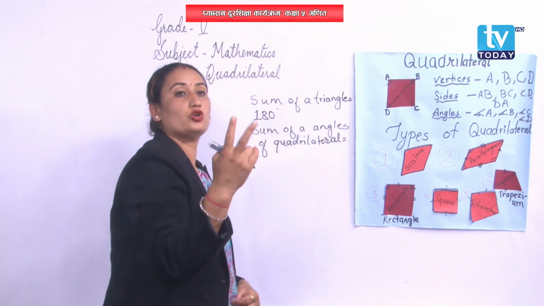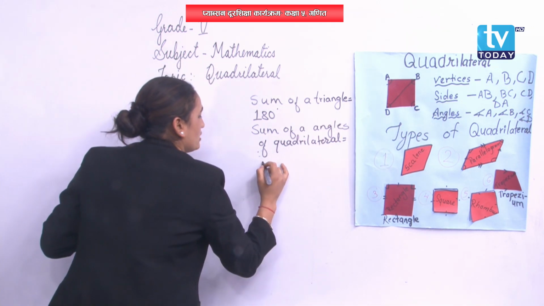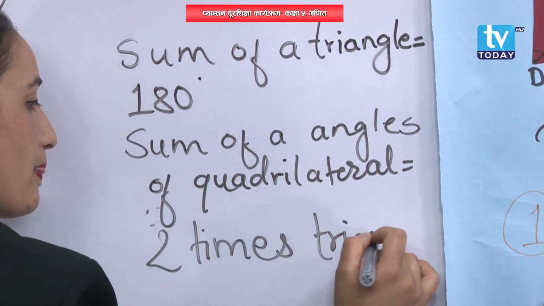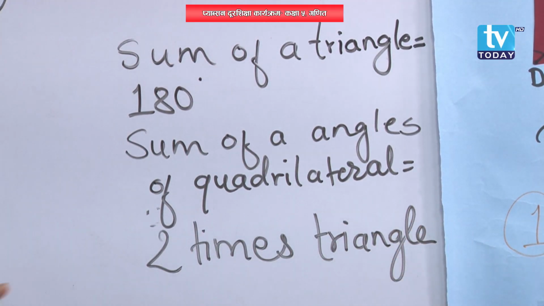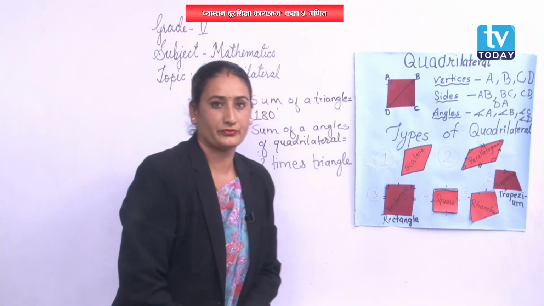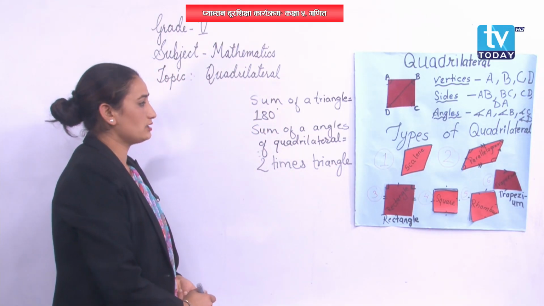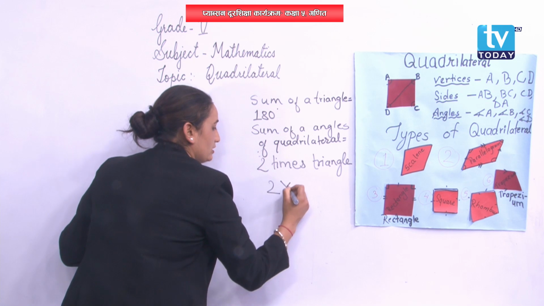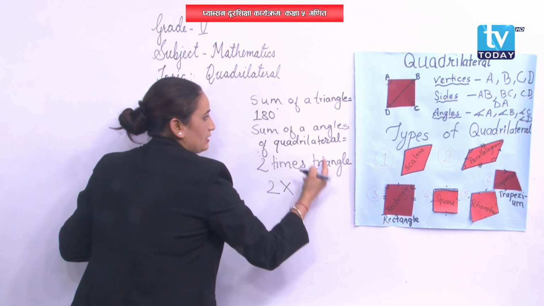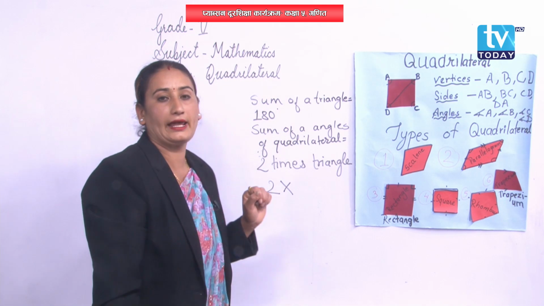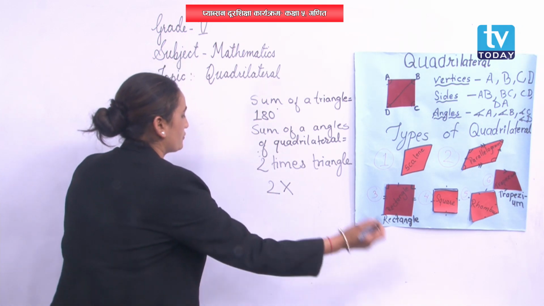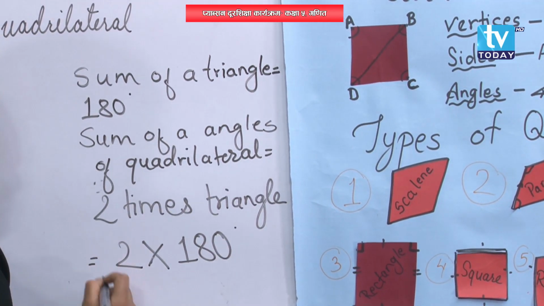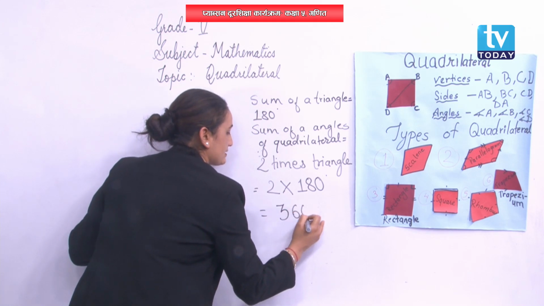Sum of angles of a quadrilateral equals 2 times triangle. So, we can write 2 times triangle. 2 times triangle means there are 2 triangles. Okay, 2 times triangle. So, students, times means multiply. 2 into triangle. Triangle means, what is the sum of that triangle? It's 180 degree. So you have to write 2 into 180 degree. Then the value will be 360 degree.